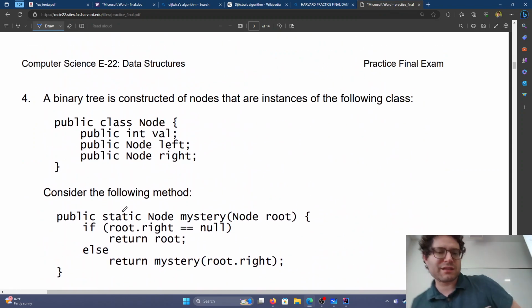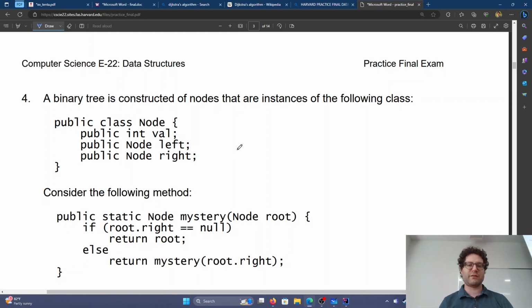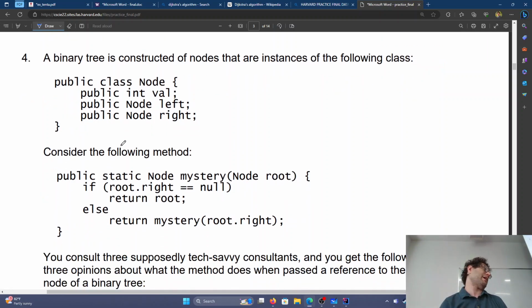A binary tree is constructed of nodes that are instances of the following class. We've got just a standard binary tree node. All right. Consider the following method. Mystery takes in a root, and it says that if root.right is equal to null, if I've got nothing to the right, return myself.